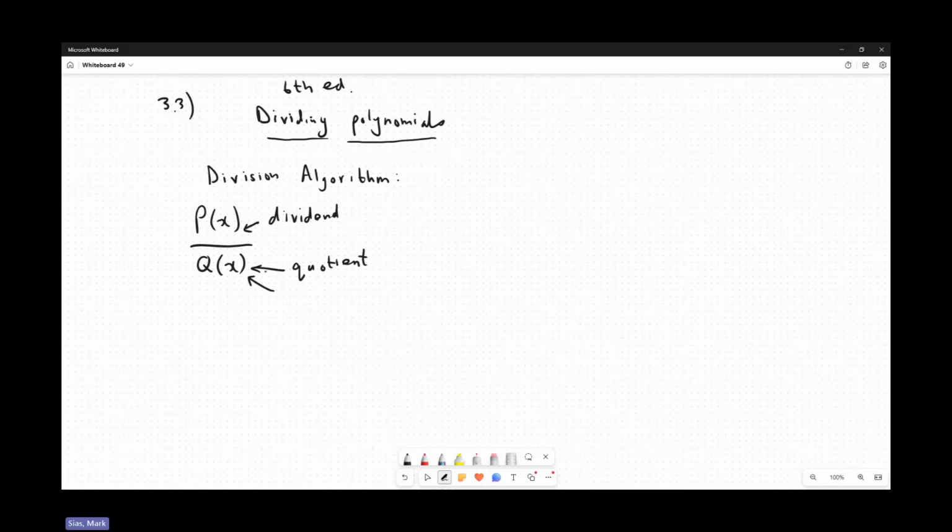Now, after you divide q into p, it's like if I were to divide a number, let's say I divide 5 by 2, it goes in there 2 times, and the remainder is 1, okay? So 2 times 2 plus 1. It's the same kind of thing here, where I have my p of x equal to a function, a divisor called d of x, times q of x plus r of x.